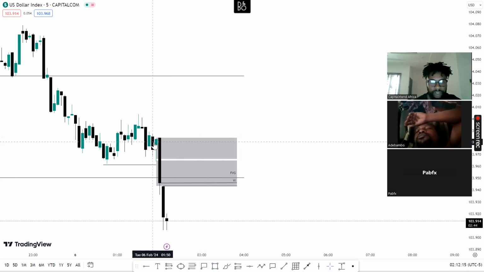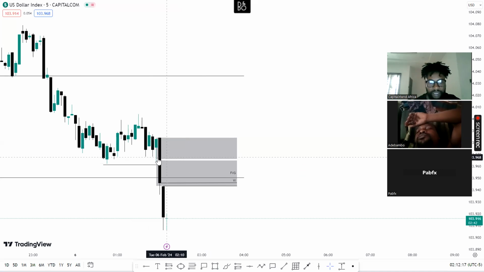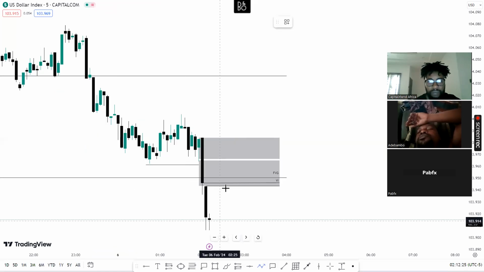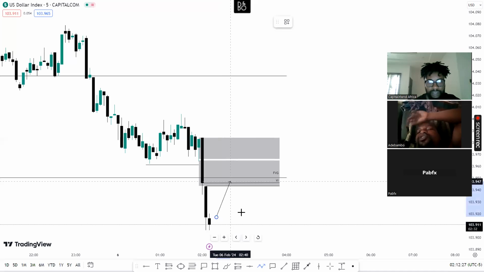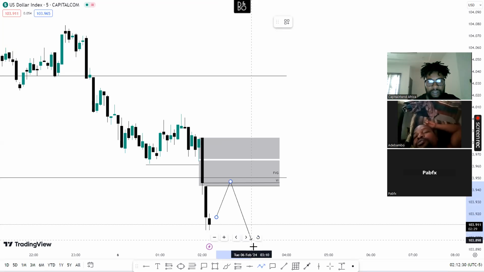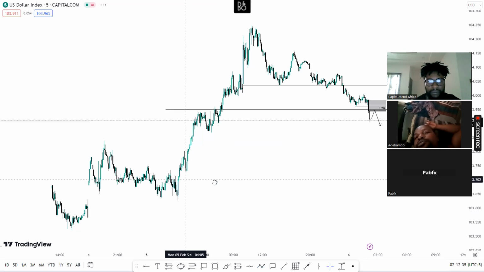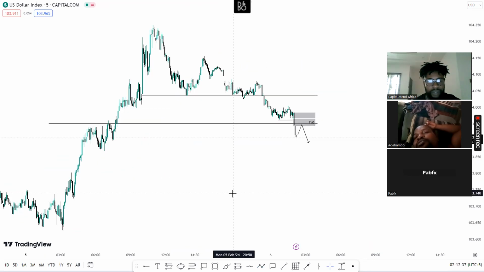So I've got an order block, a fair value gap, and a volume imbalance. I would like to see DXY pull up to any of these, then start the drop into our discount level.